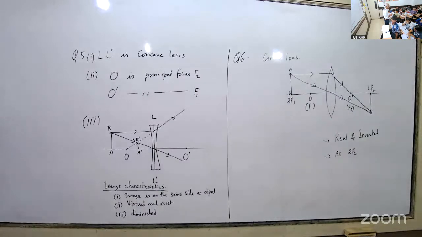Upright and diminished. Where do you get an image that is virtual, erect and diminished? For what lens? Concave. In convex, the virtual image is magnified. So the lens is concave, right? So name the lens. Show it in the diagram. The diagram is the same as question 5.